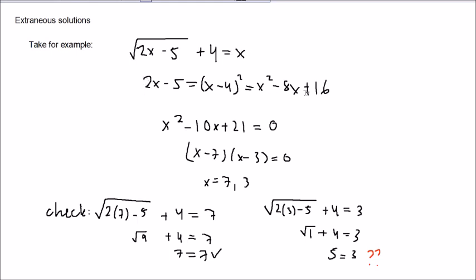When you do all of this, 2x minus 5 is equal to x minus 4, and you can square this and square this. You'll get this, this, and then this. But when you check them, the 7 option works, but the 3 option doesn't work. 2 times 3, 6 minus 5, that's 1. Square root of 1 is 1. 1 plus 4 does not equal 3.